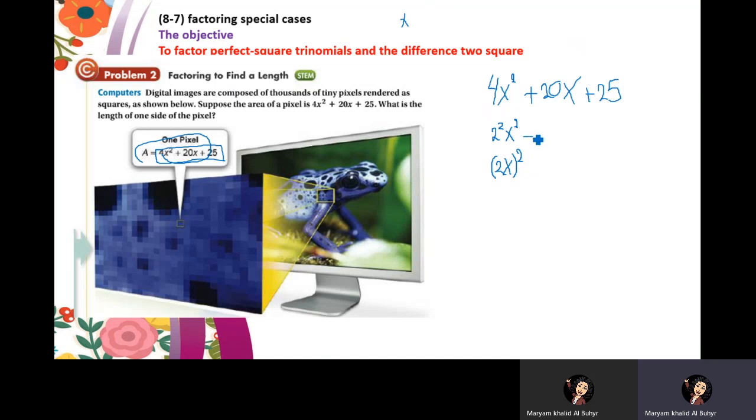Let me continue and factor this one. So this one, I can factor it into 2 times. Or let me just do it step by step for you. I can say that this is 4 times 5x plus, that's easy to say, 5 to the power 2.